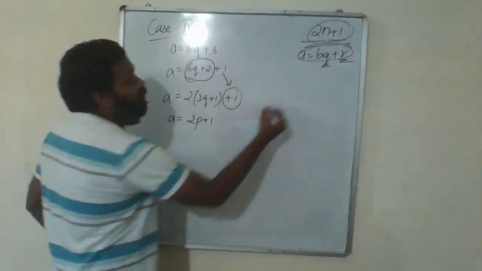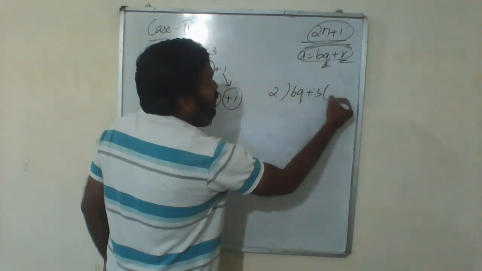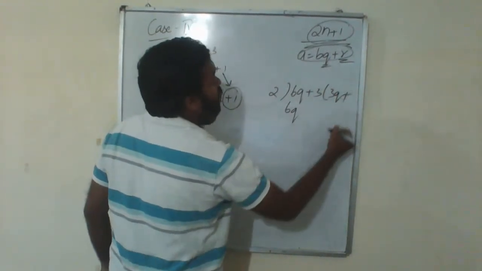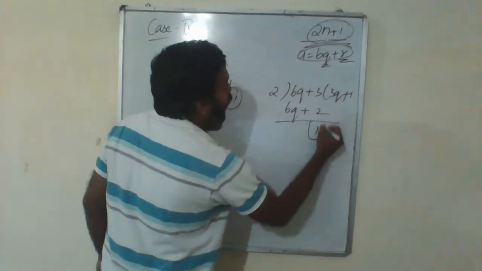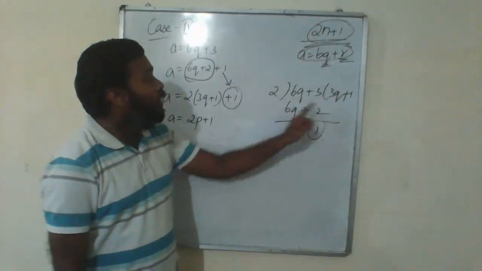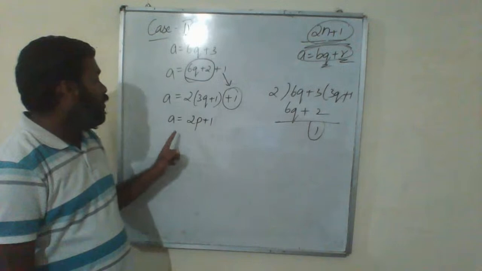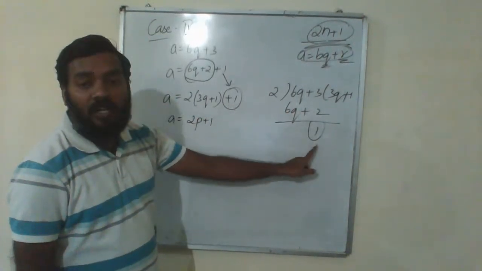If you are going for division of 6q plus 3 by 2, 2 threes are 6, plus 1s, you will get 1 as remainder. That's why 2 into 3q plus 1 is the quotient and plus 1 is the remainder.